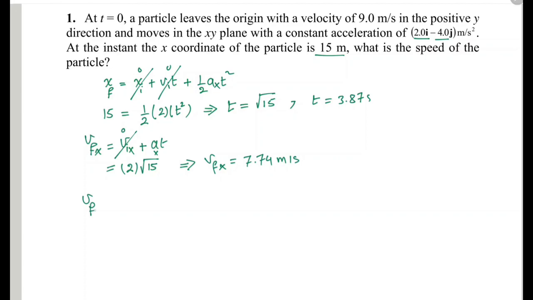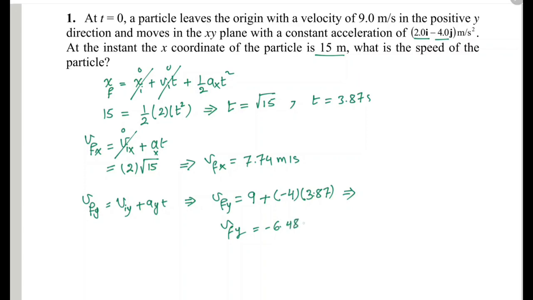Now the final vy equals the initial vy plus ay t, in other words 9 plus minus 4, this is the ay here, times 3.87, the time, and the final vy equals minus 6.48 meters per second.